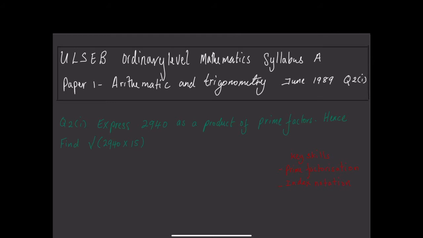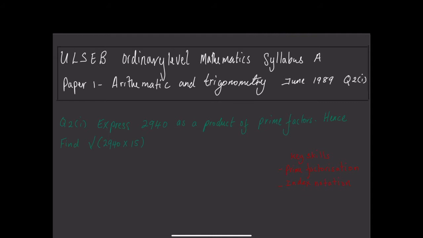Today's question is University of London School Exam Board Ordinary Level Mathematics Syllabus A, Paper 1, Arithmetic and Trigonometry, and the paper was done in June 1989, pretty old.